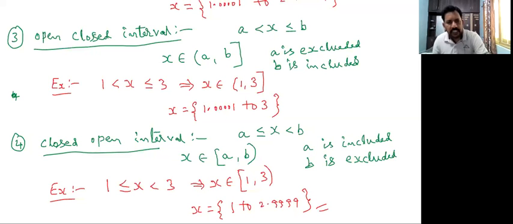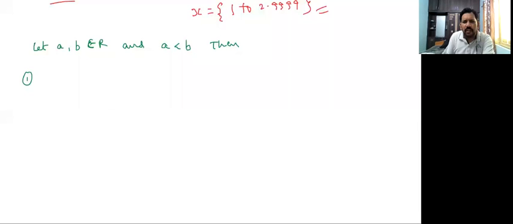These are the differences between open bracket, closed bracket, open-closed, closed-open. I think, students, all of you have understood now.